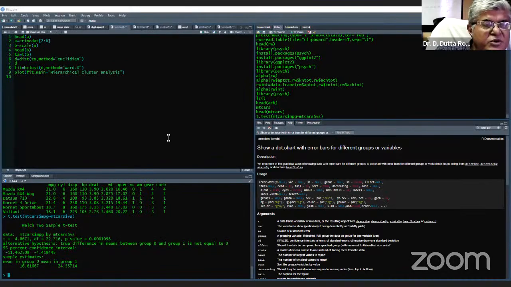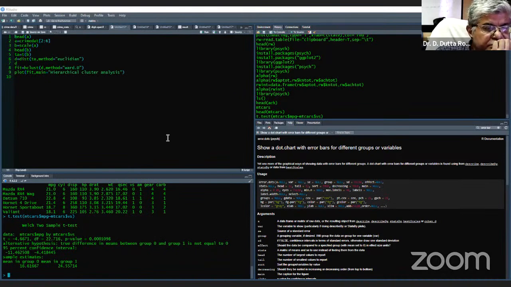No, sir, my R Studio is on my PC, my laptop, but I am on mobile now. Okay, don't worry. I am showing you. And you please guide the colleagues on how to download R Studio.